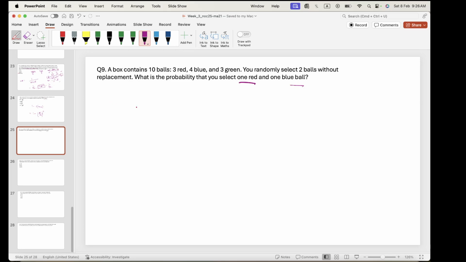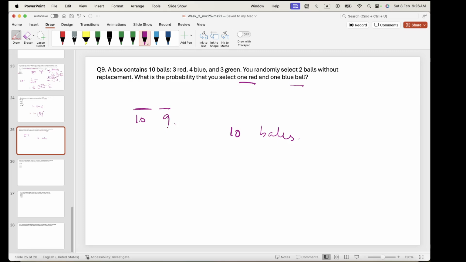So, total I have 3 plus 4 plus 3, 10 balls. And I'm drawing without replacement. So first draw I could draw 10, and second draw I could draw 9.